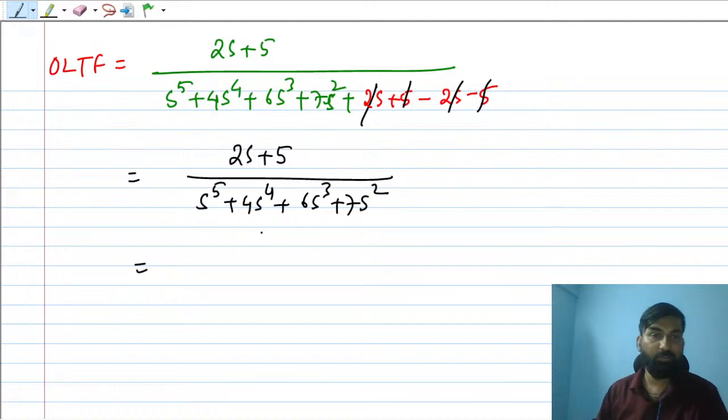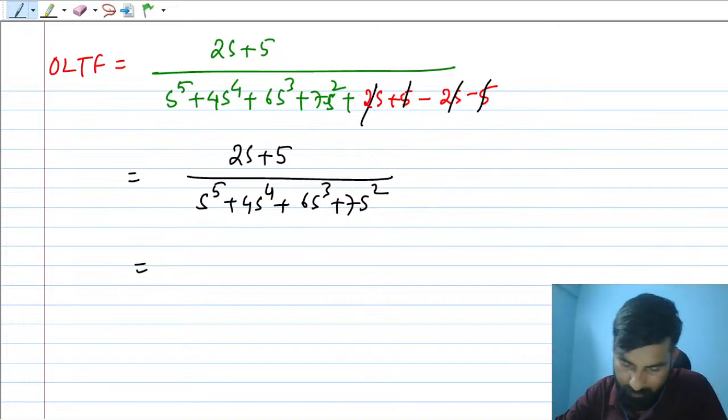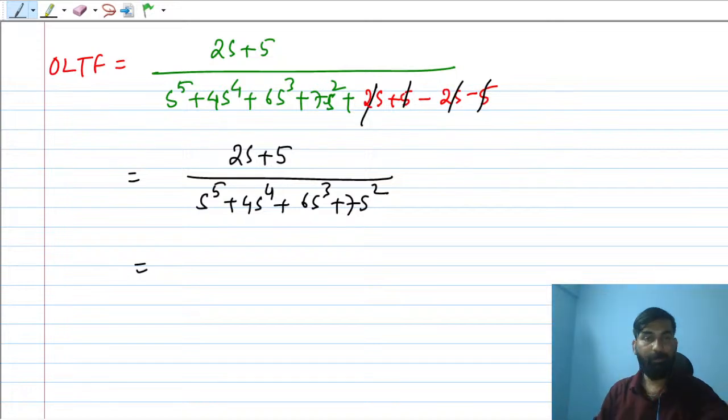So what is the type of the system that you can investigate? Harsh, can you tell me? Yes, type is 2. Perfect. Type is going to be 2.